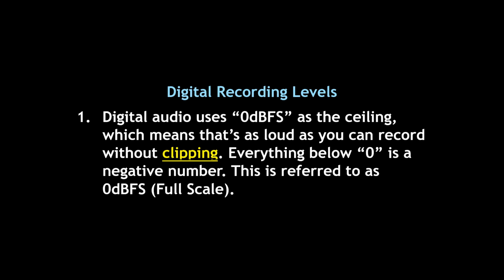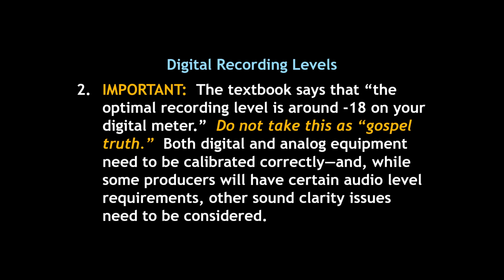Everything below 0 being a negative number, and this is what we refer to as the full scale, again with 0 being the max. Now, this is a point where the author and I kind of part ways a little bit here. The textbook says that the optimum recording level is around minus 18 on your digital meter.